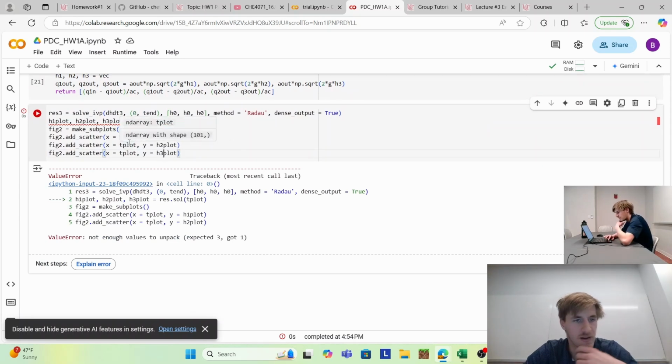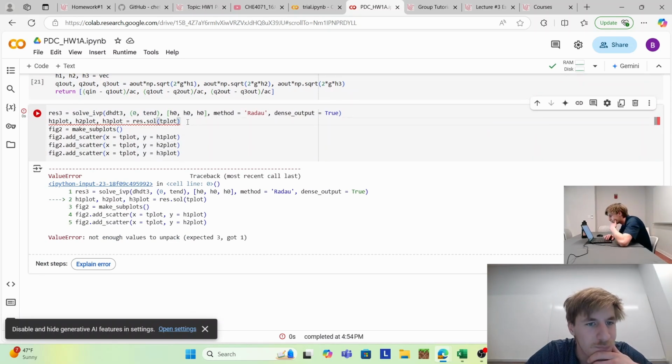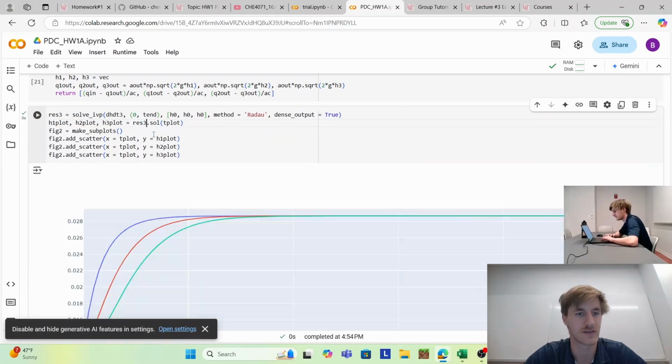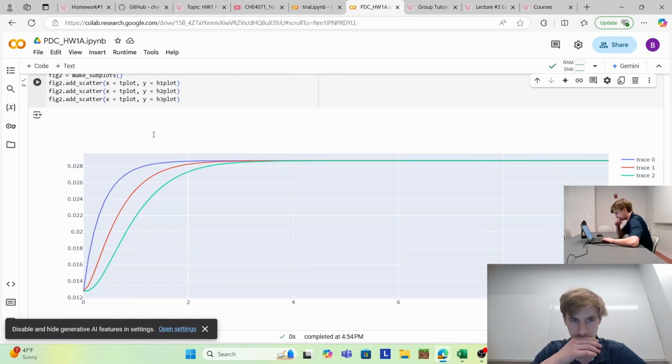Expected 3 got 1. Oh, I need to change this to result 3. Alright. So now we have these 3 tanks, and it's just the second one lags slightly behind the first, and the third lags slightly behind the second.